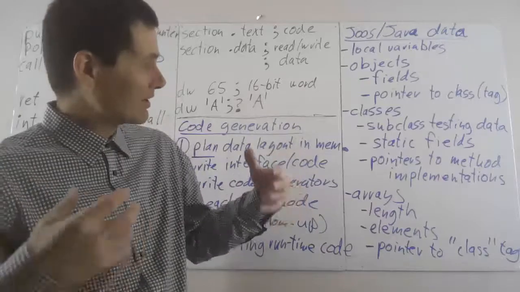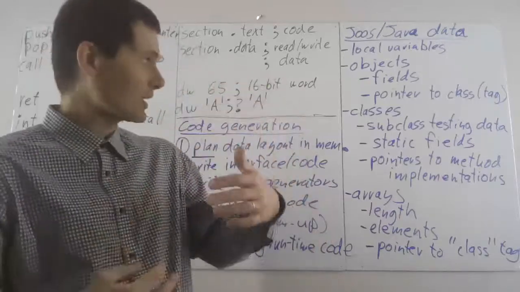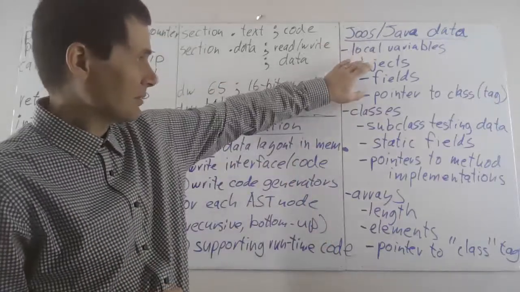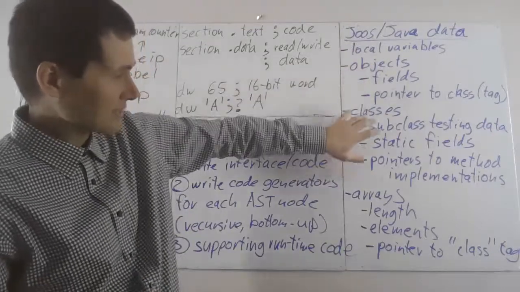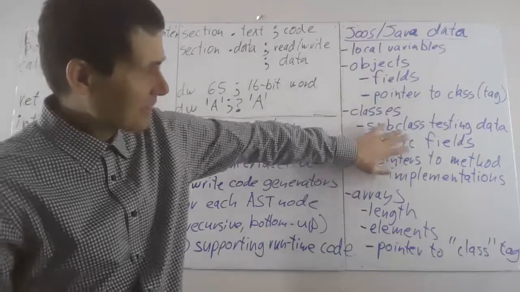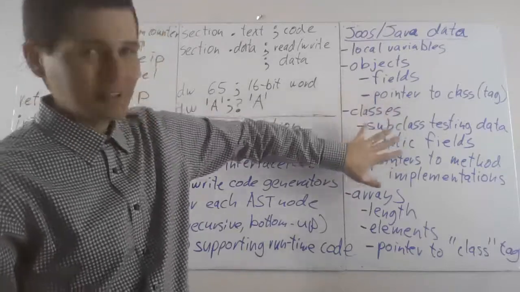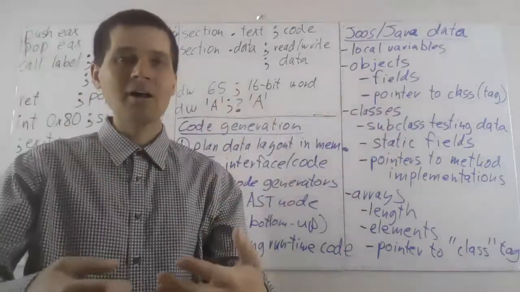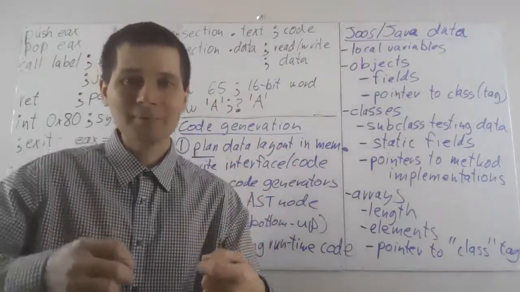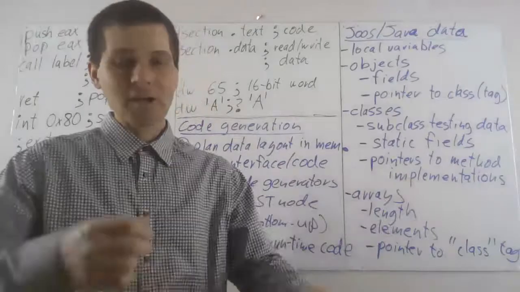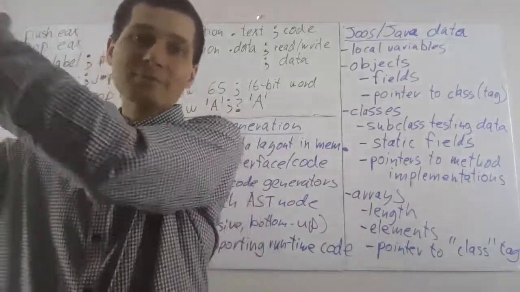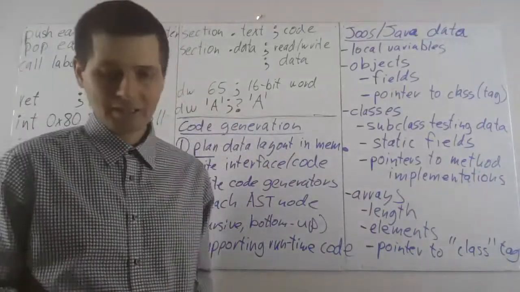And now I need to implement a call to the foo method of whatever object it is. So what kind of information do I need, and how do I organize it in my object? It's going to have a pointer to its class. So then how do I get enough information in the class to be able to figure out where in memory the implementation of the foo method for this specific class of object is?